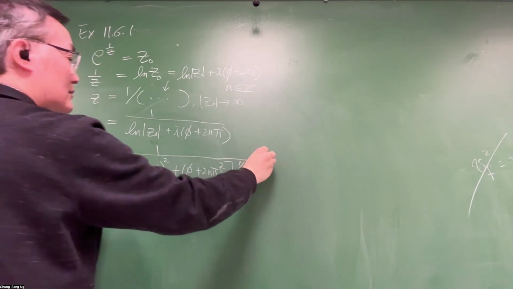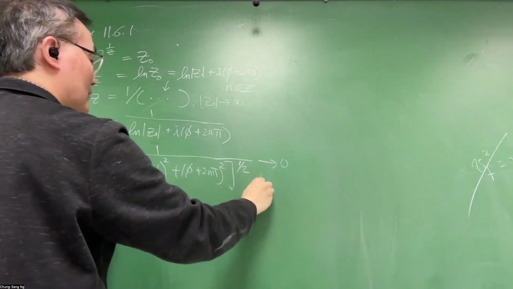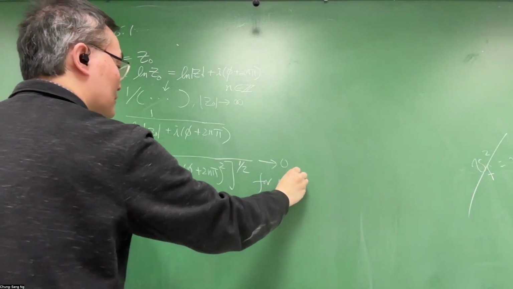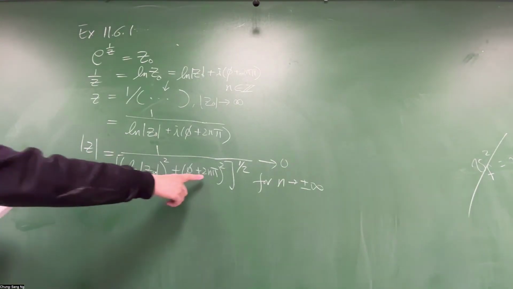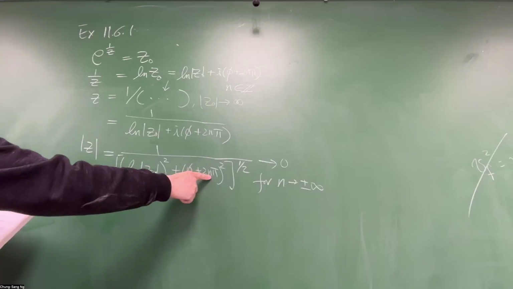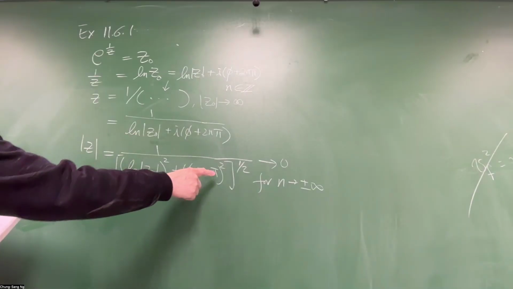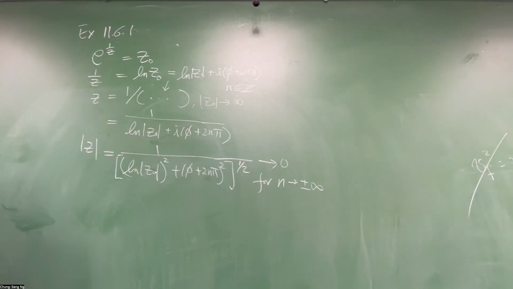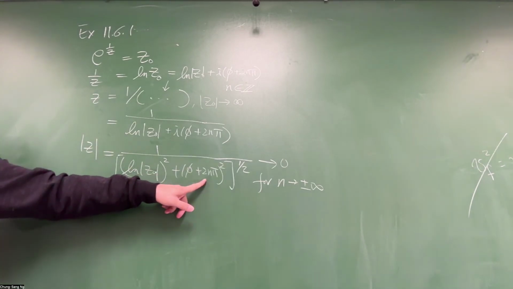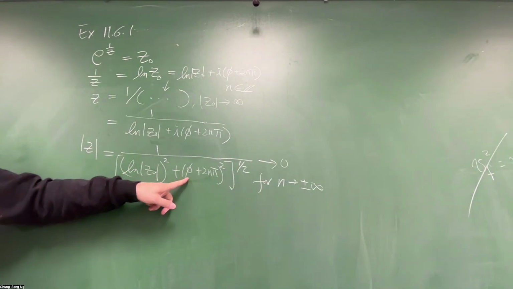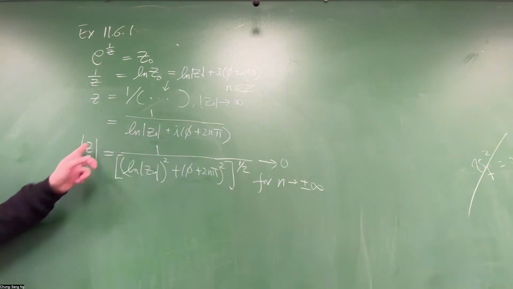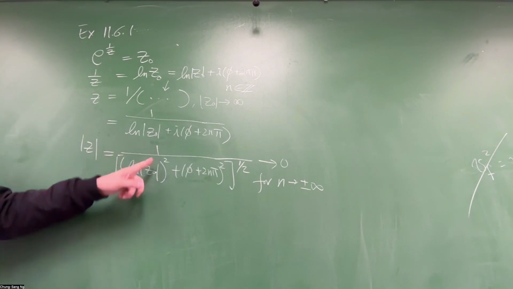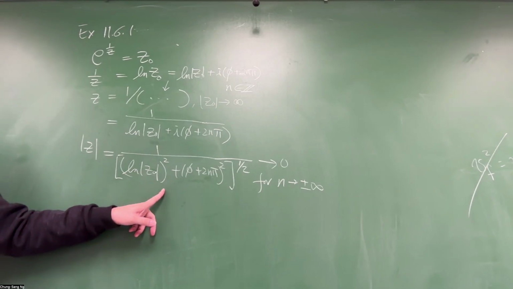That goes to 0. You can take as large an n, plus or minus, and this is still unbounded. So the magnitude of z will be as small as you want.